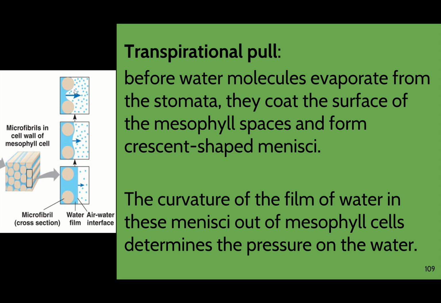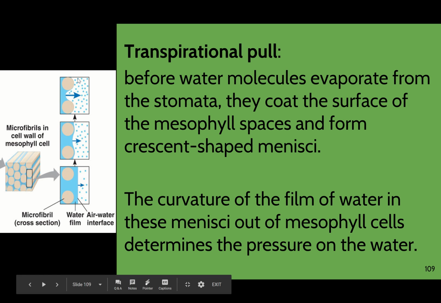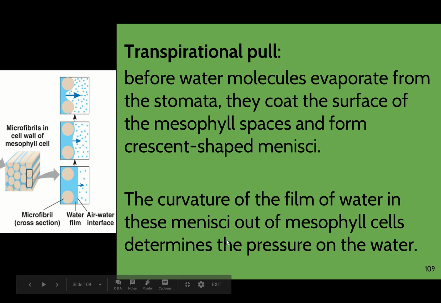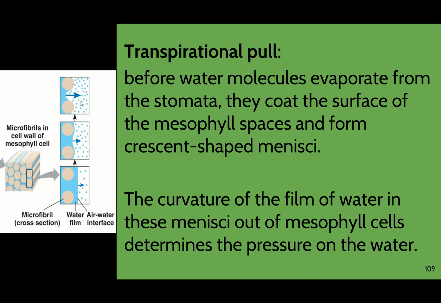And that stronger pull is going to increase the pressure on the water around the cell. So the curvature of the film of water, so that's talking about how curved it is, is going to determine the pressure on the water. So the greater the curve in this case, and the arrow is showing the amount of pressure pulling water out, the higher the pressure.